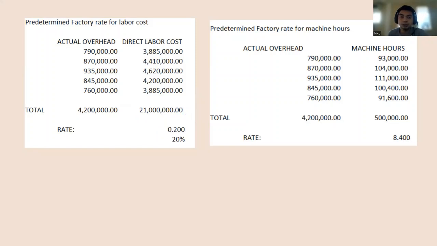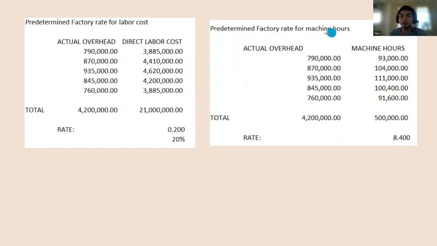We have already discussed earlier that the predetermined factory rate is equivalent to the estimated total factory overhead divided by the activity base. The activity base is used to allocate the factory overhead costs, which are the direct labor hours, direct labor costs, and the machine hours.